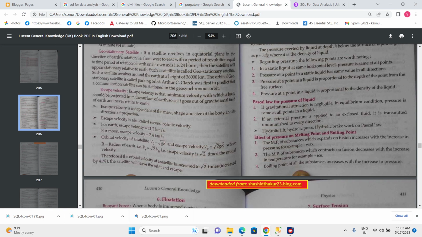So it means escape velocity is root 2 times the orbital velocity. So if the orbital velocity of any satellite increases to root 2 times, then that satellite will leave the orbit and escape. So that's all about the geostationary satellite.